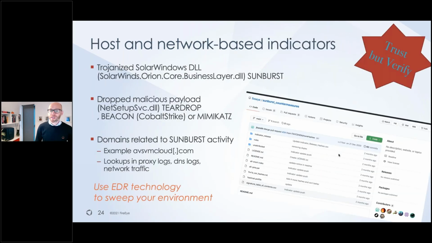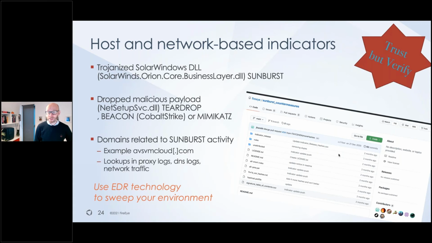So of course, let's start with the easy, quick wins. As I've mentioned before, if you're using Solarwinds, definitely this is something that you should verify now. Very early on in December we made public the Sunburst indicators, which is our name for the trojanized version of the Solarwinds DLL that was subverted to contain this malicious code. We've made available the threat intelligence related to this. Other companies have also done the same.